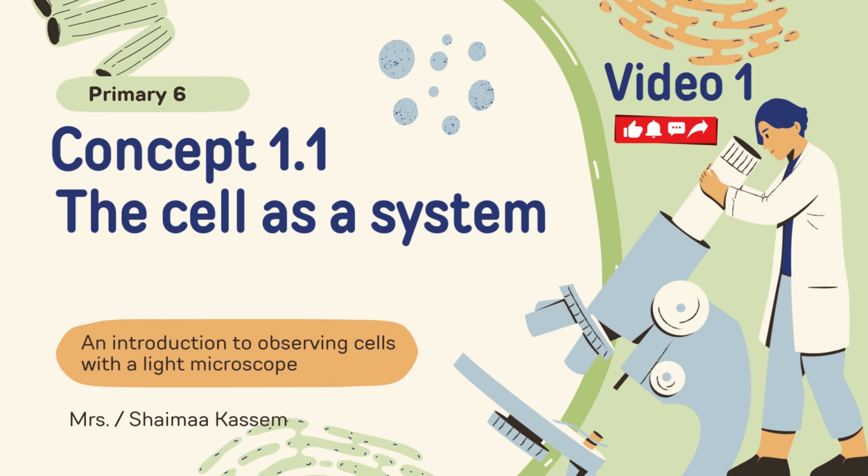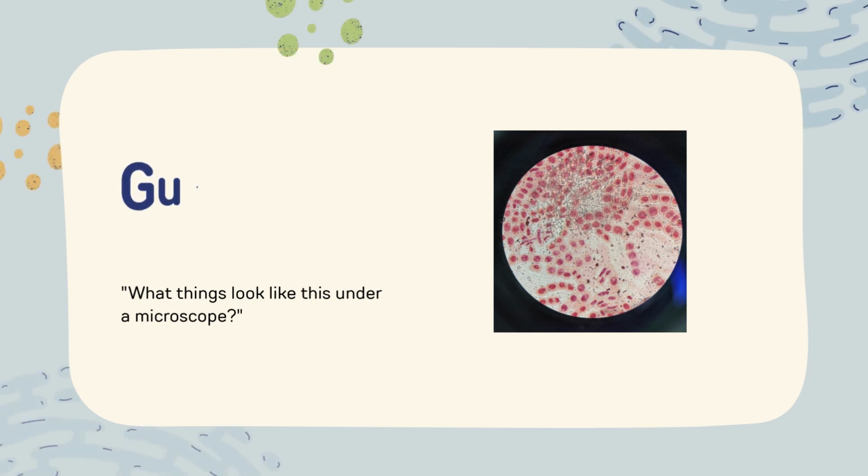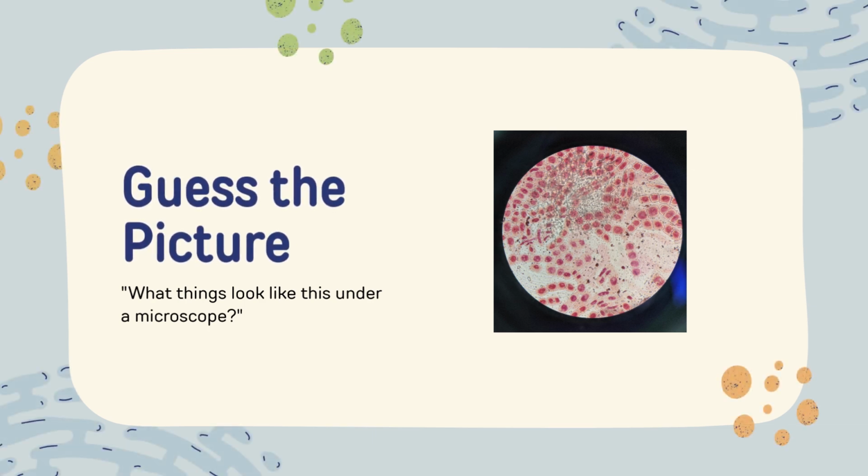Before we start, we have this picture. I want you to guess the picture. What is this picture? This picture is taken under a microscope. So what are those small circles in red? Do you know?